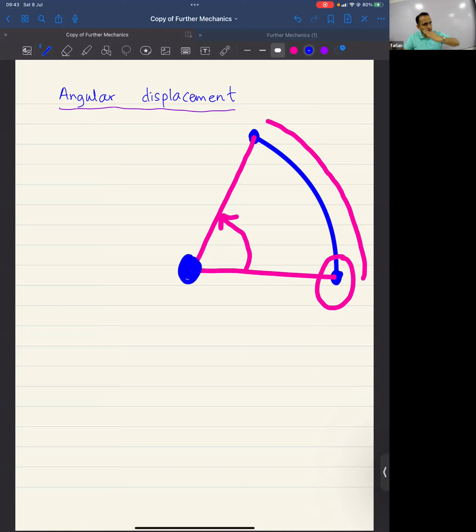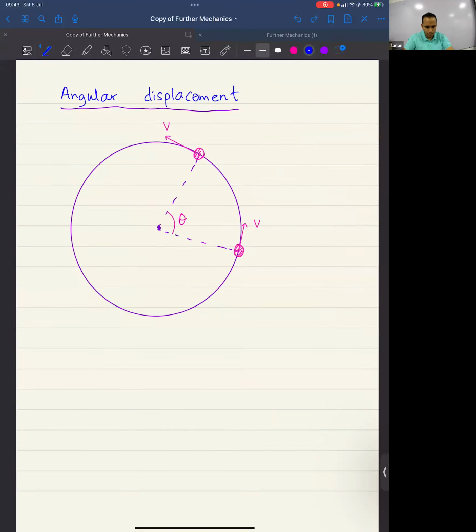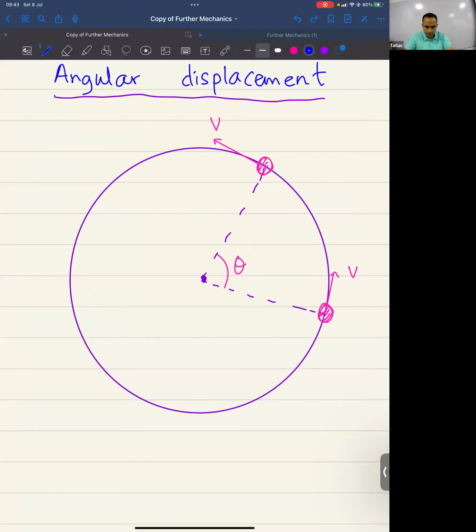With respect to that center, there is a certain angle that you're moving. That angle that you're moving is what you call the angular displacement. Simple as that. So the angle is measured in radians, not in degrees. Draw this diagram. Show that the speed is v and the angle is theta.